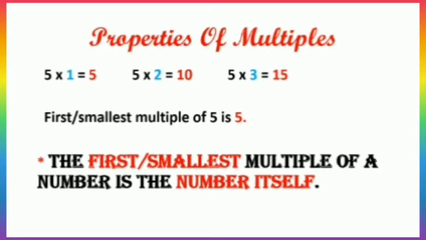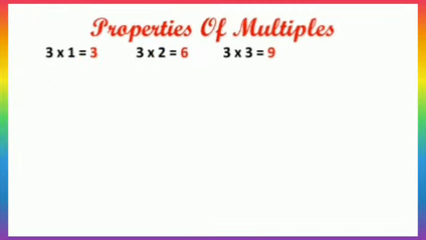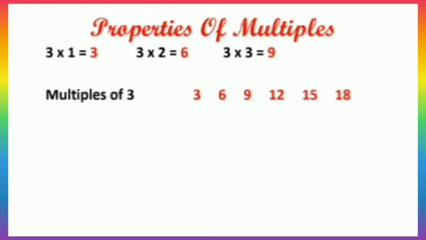Here, I have multiplied 3 by 1 to get 3, 3 by 2 to get 6, 3 by 3 to get 9. So, multiples of 3 are 3, 6, 9, 12, 15, 18.